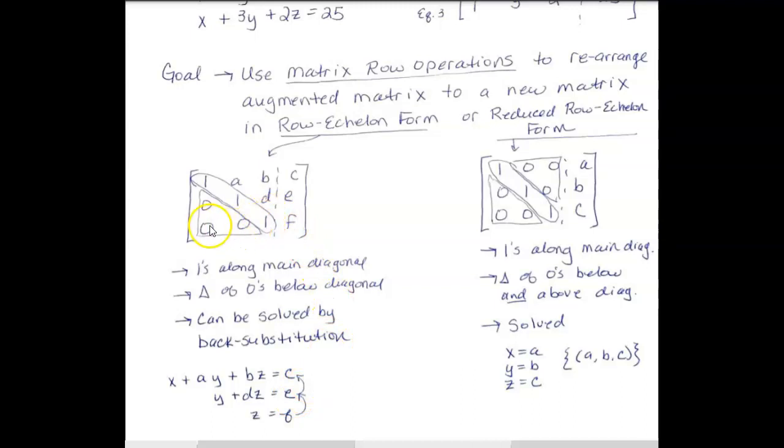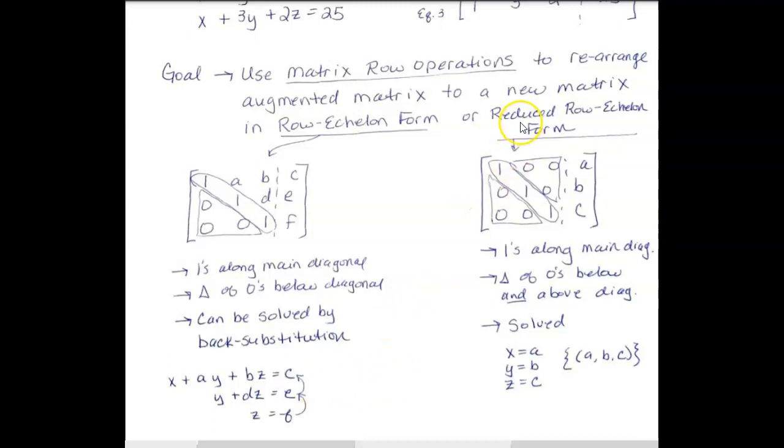And then my last equation, there's a 0 in the x and a 0 in the y column, so this would just mean 1z, or z, equals f. So if we get that lower triangle of zeros, it'll tell us the value of z. We can substitute that in here for z and solve for y. And then once we find y, we can substitute both z and y up here and solve for x. So that's why it's called back substitution.